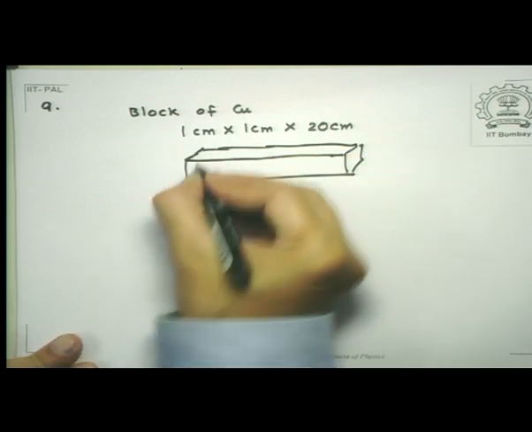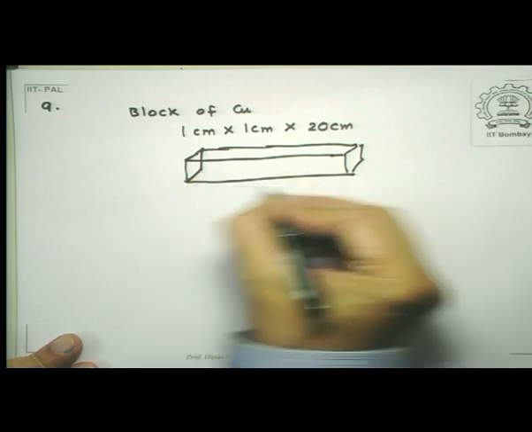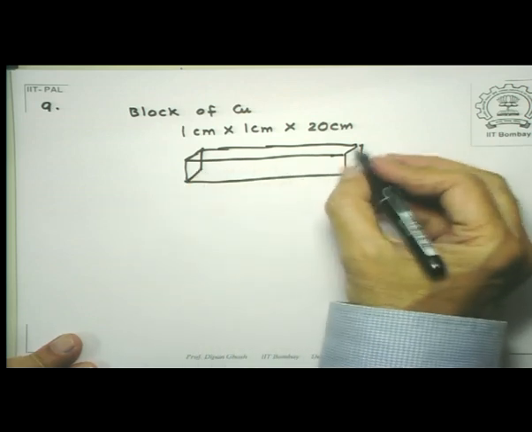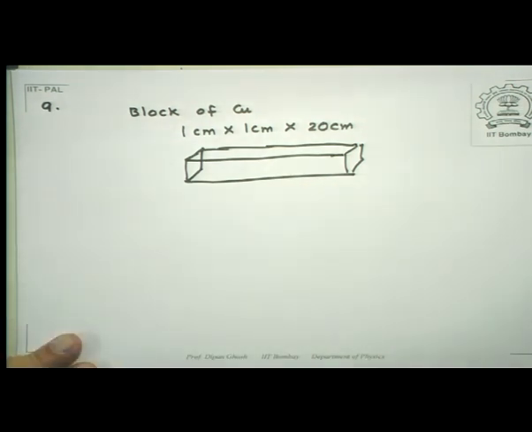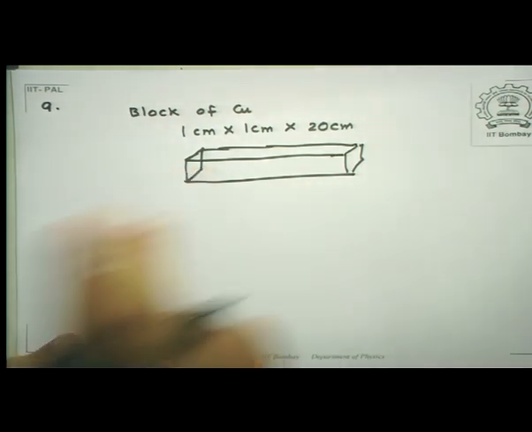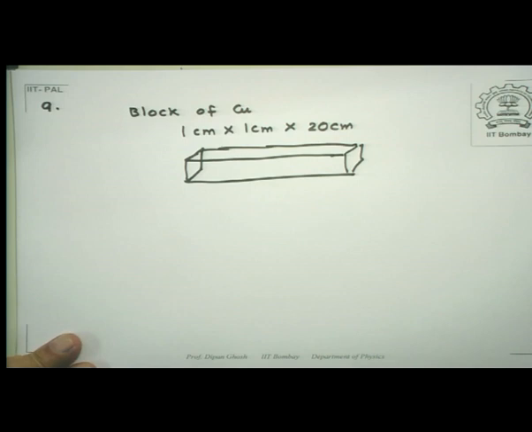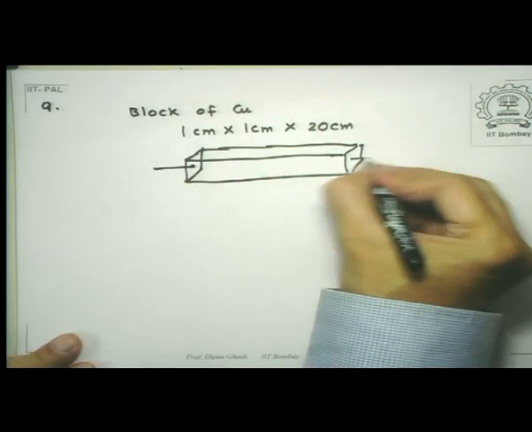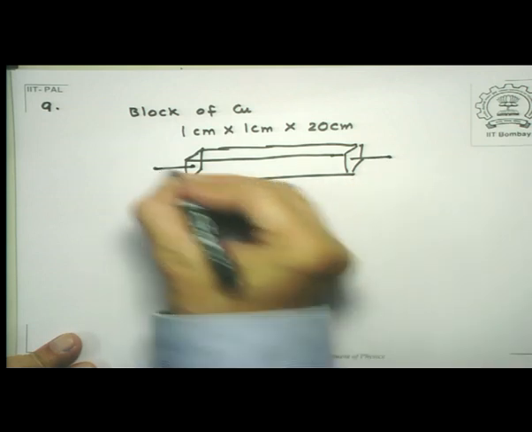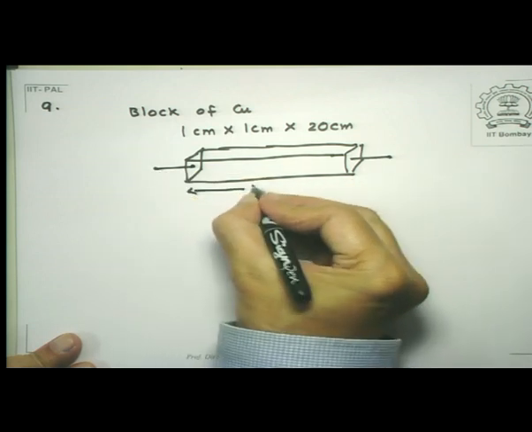One of the points that you have to realize is that the response of this to the electric field would depend upon which way you apply the potential difference. So, for example, suppose I decide to apply the potential difference between the long ends. So, this is my L, which is 20 centimeter.